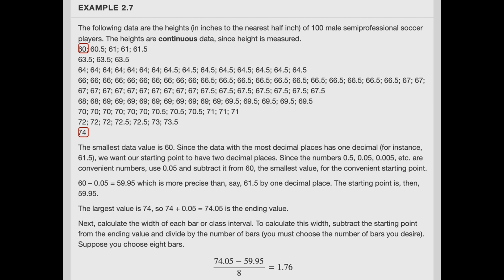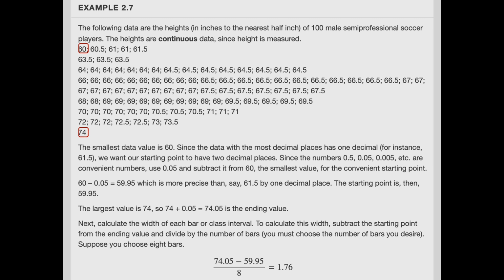Since 0.5, 0.05, 0.005, etc. are convenient numbers, we'll use 0.05 and subtract it from 60. So 60 minus 0.05 is 59.95, which is more precise than, say, 61.5 with one decimal place. The starting point is then 59.95, just under the 60, so that we include the 60.